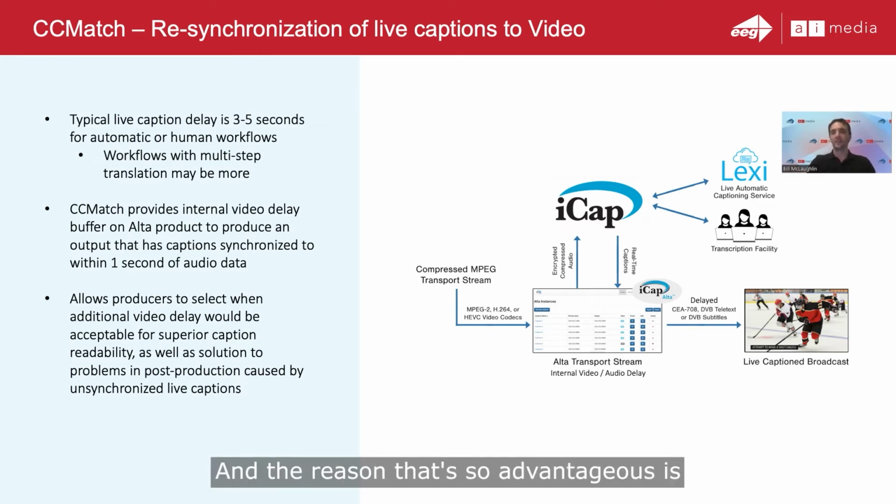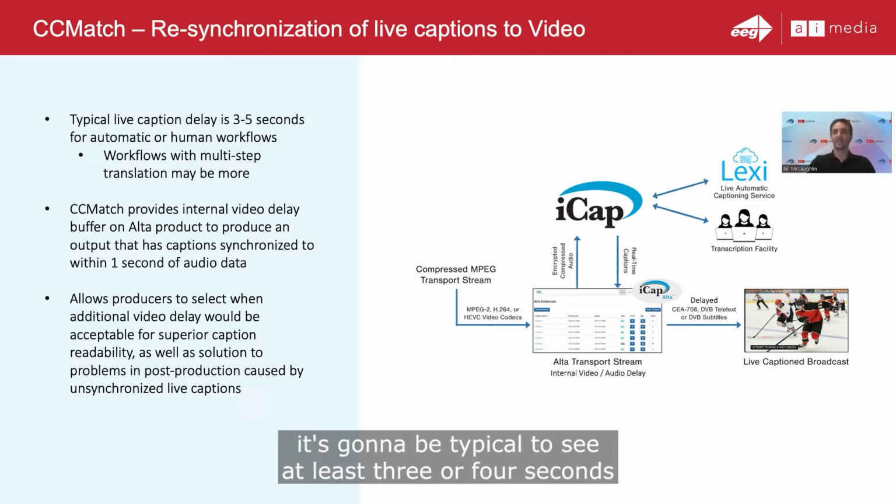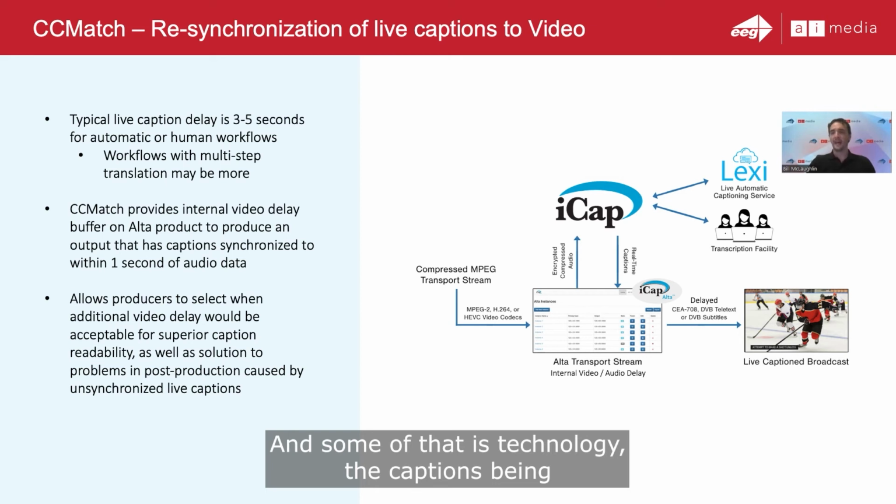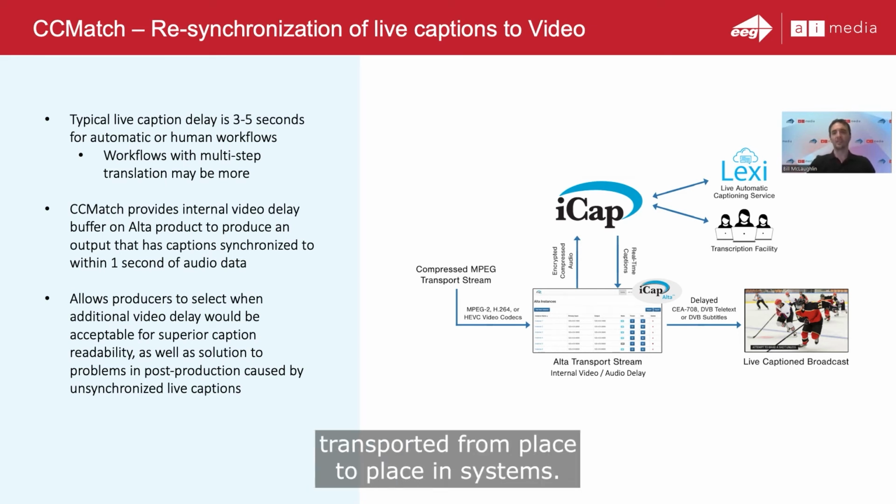The reason that's so advantageous is if you look at sources of live captioning, whether they're human or automatic, it's going to be typical to see at least 3 or 4 seconds of delay between a spoken word and the captions coming in. Some of that is technology, the captions being transported from place to place in systems.